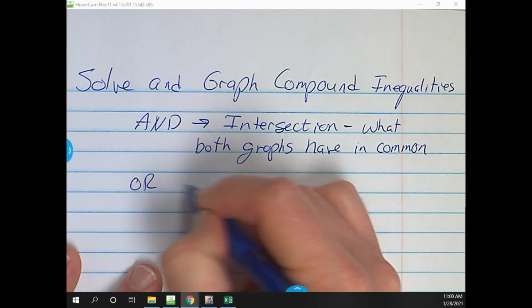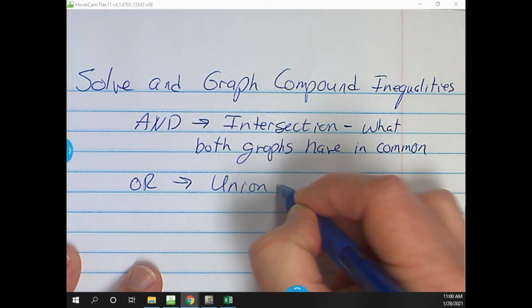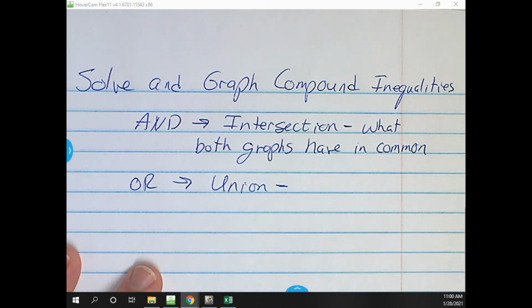Or you have the or statement, which is what they call the union, which was basically what was covered by either graph.